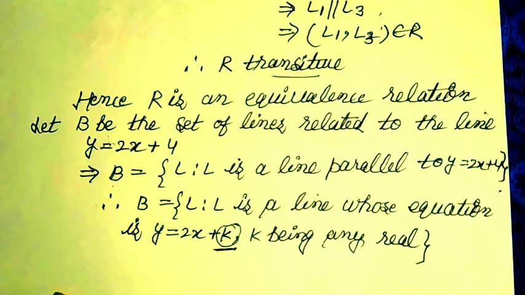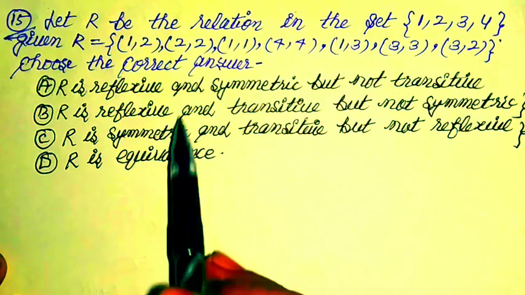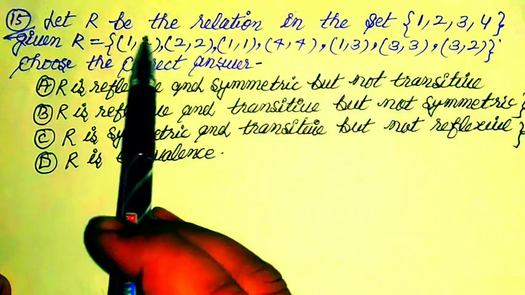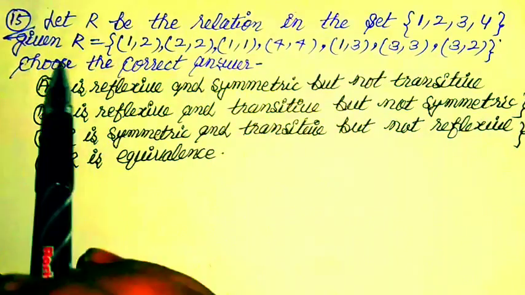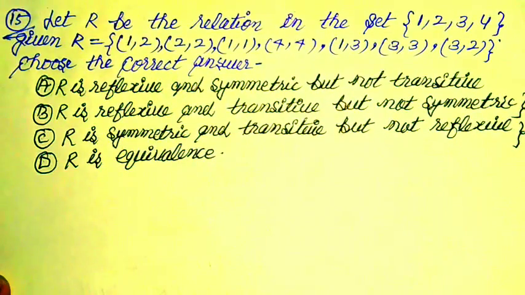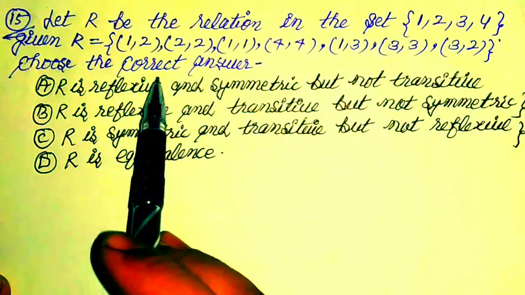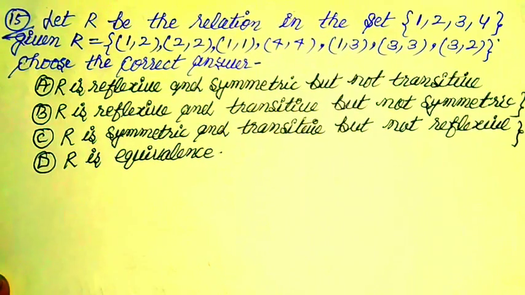Now we will move to the next question, question 15. Let R be the relation in the set {1, 2, 3, 4} given in roster form. Choose the correct option. We have 4 options here.